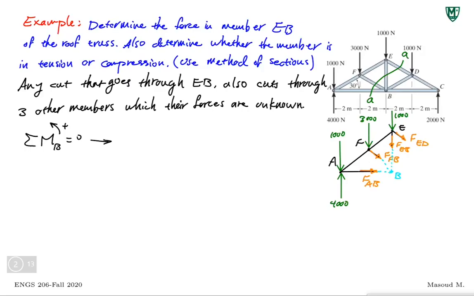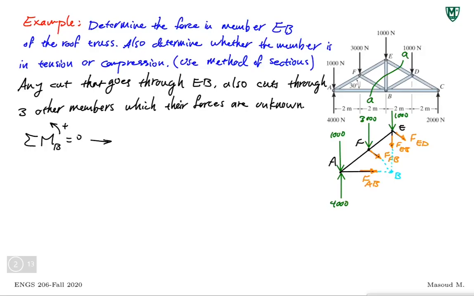The 1,000 Newton force downward is also not making any moment about point B, the one applied to joint E. So the only things left are 3 known forces: 3,000 downward, 1,000 downward applied at joint A, 4,000 upward applied at joint A, and FED.